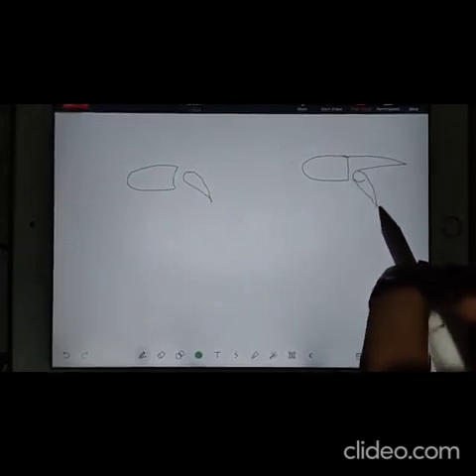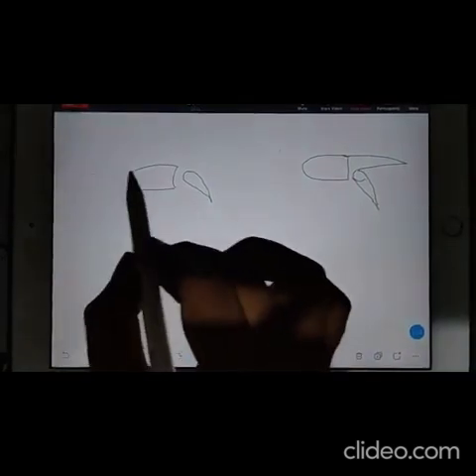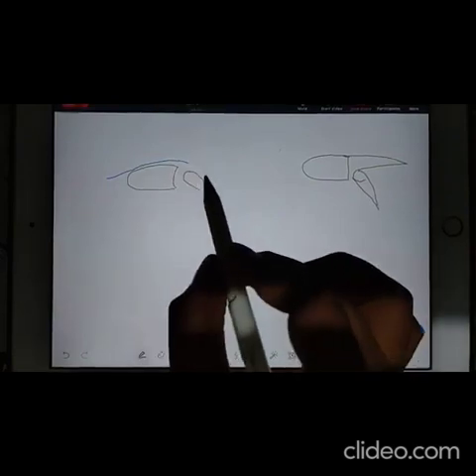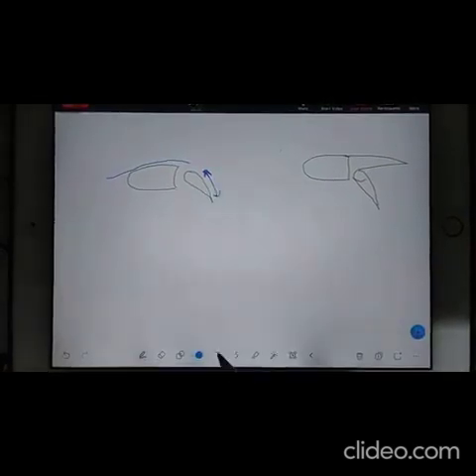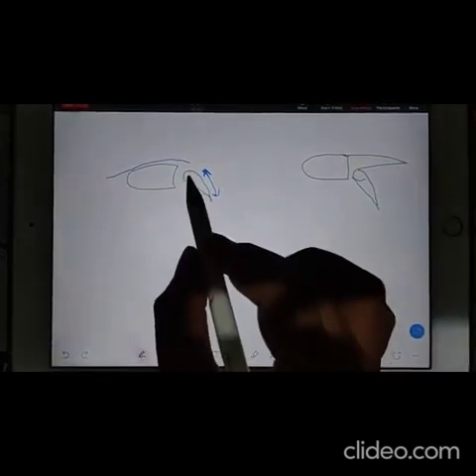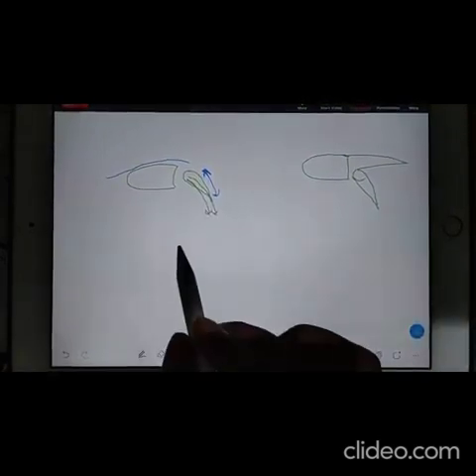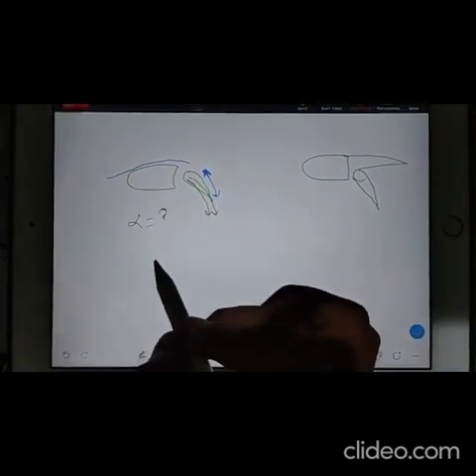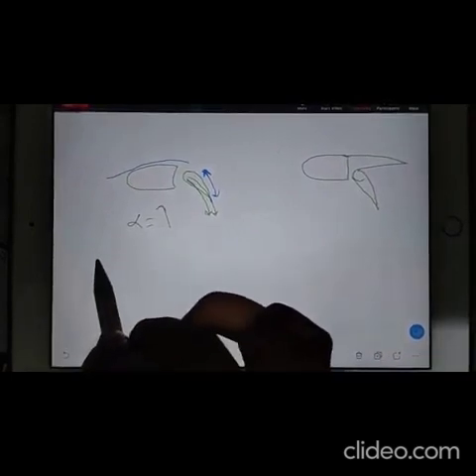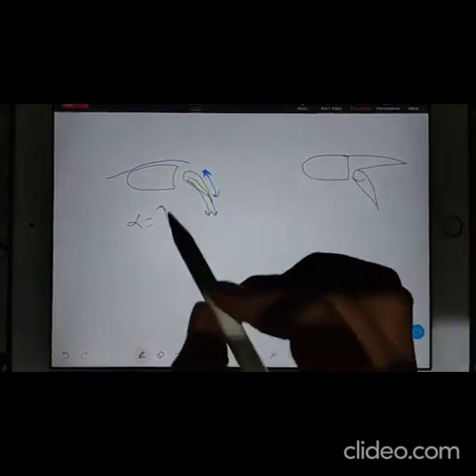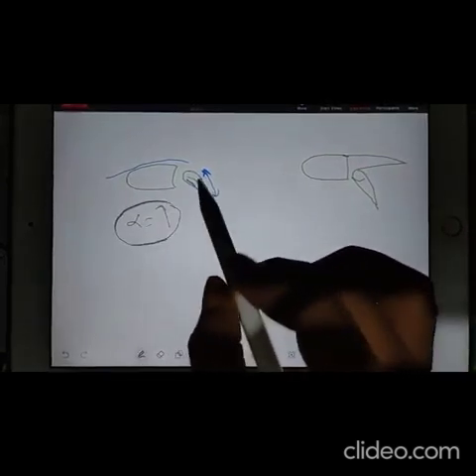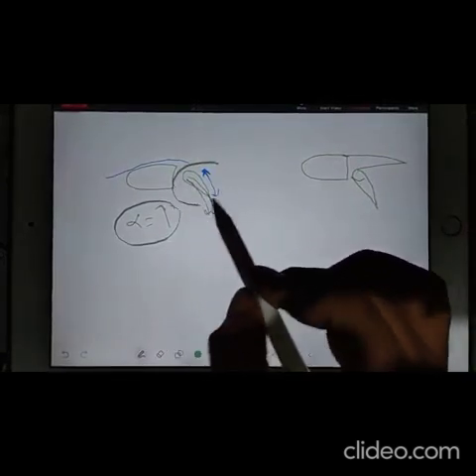When the air is going here, air cannot touch this portion. Why are we bending this part here? To achieve more alpha. But when we try to increase the alpha, at the same time we are reducing the wet area.